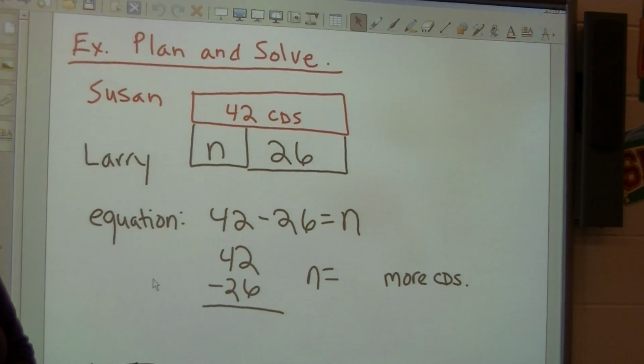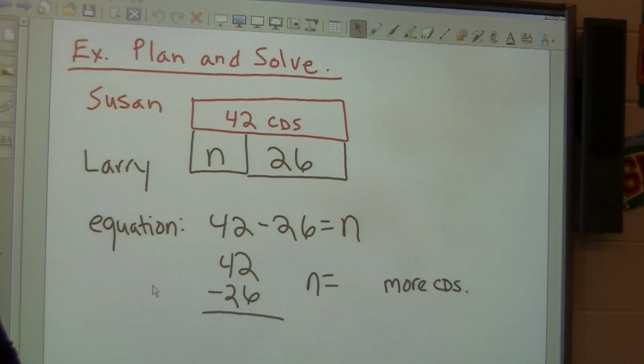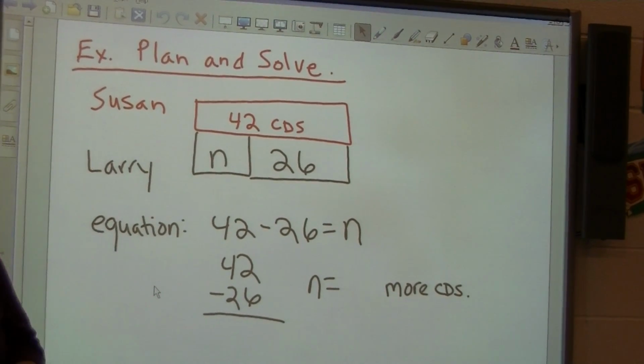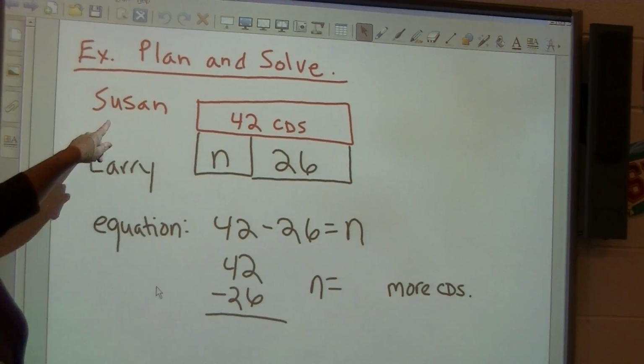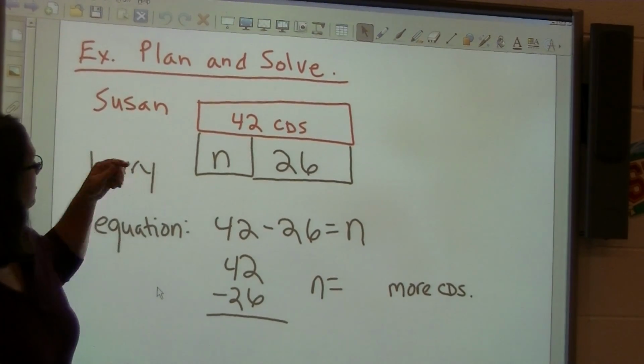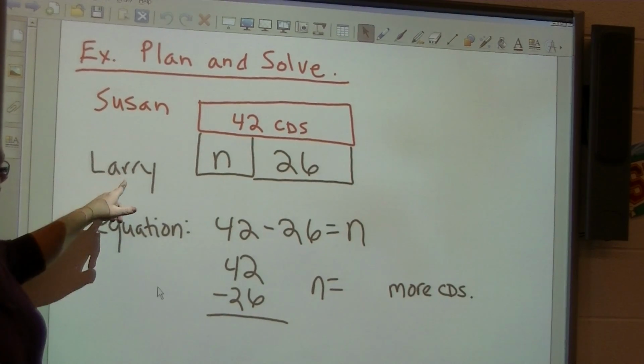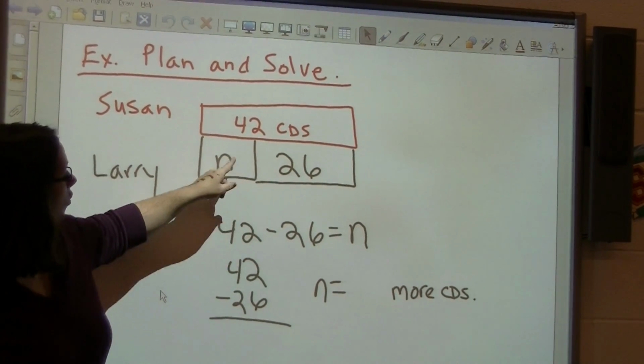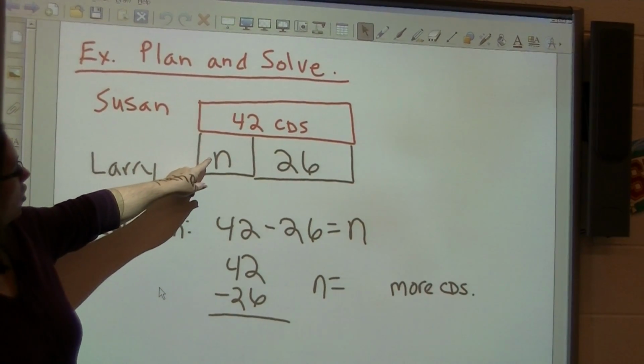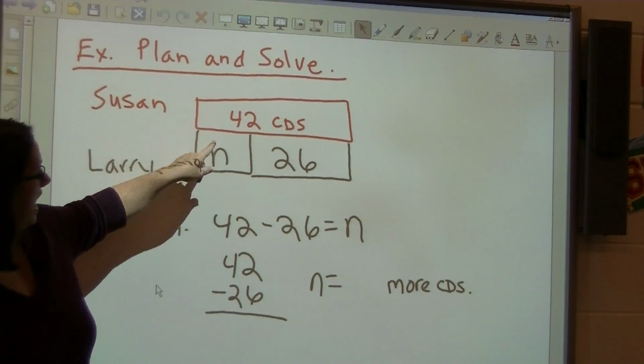And then you will see there that Larry has an N and then 26. And you will see that on the board as well. That is in your textbook, and I put it up here underneath plan and solve. So here's our picture. Susan has 42 CDs, and we know Larry has 26. We put that N in there because we don't know how many more Susan has here.